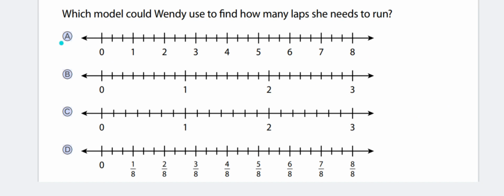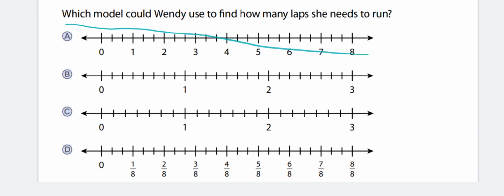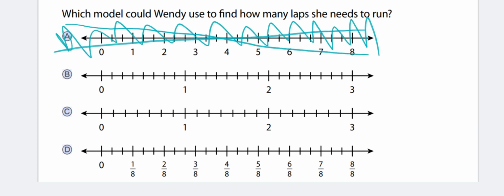Does A end at 3 miles? No, it does not. So I can automatically cross this one out because I always start with what I have. I want to show 3 miles on a number line. Does B end at 3? Yes, it does. So I'm not going to cross it out. Let's look at C. Does C show 3 miles?